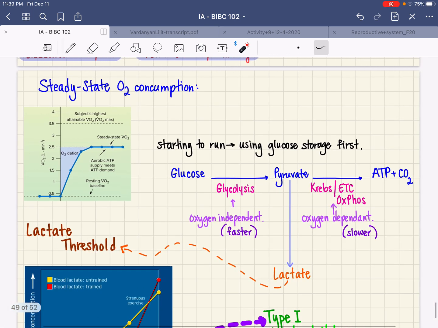Yeah, so here I wrote out another example. If I start to run right away, I will be using the glucose storage first. And I should probably add that I will also be using the phosphocreatine storage also.